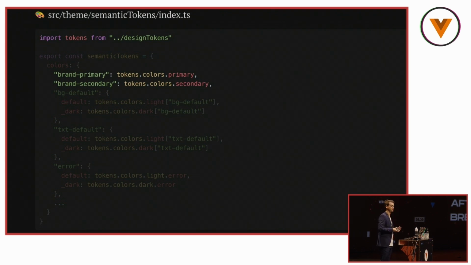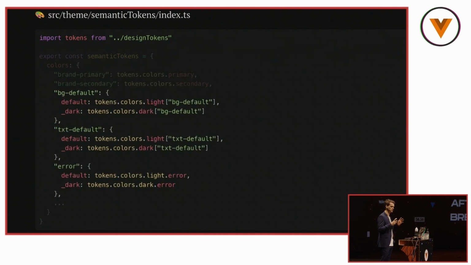We grab that from our tokens. But we also have some a little more complex ones, like the text default, for example, which will have a default value, like in light mode, and also a value for the dark mode. And we can define this using _dark, which is a Chakra UI pseudo selector. More on that in the docs if you want to learn about it. And then we just pass in the value for the token of the dark mode.